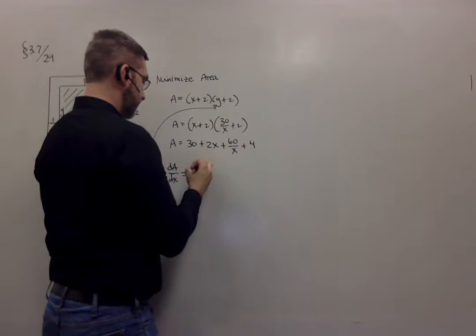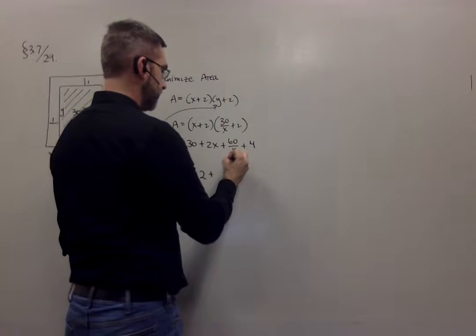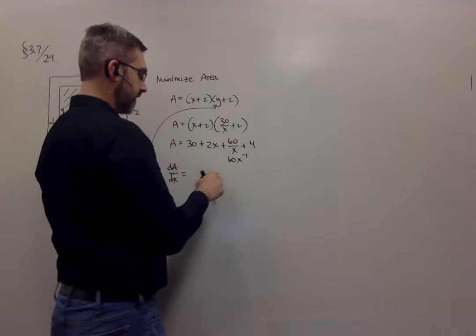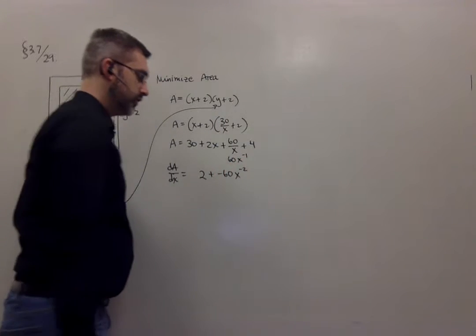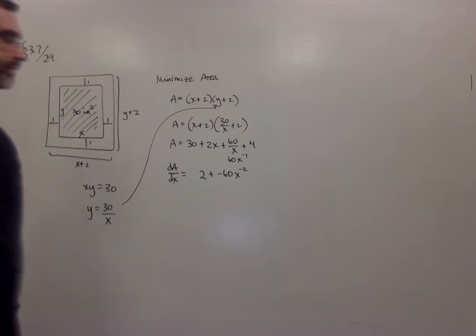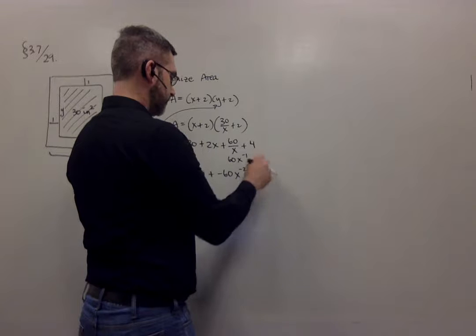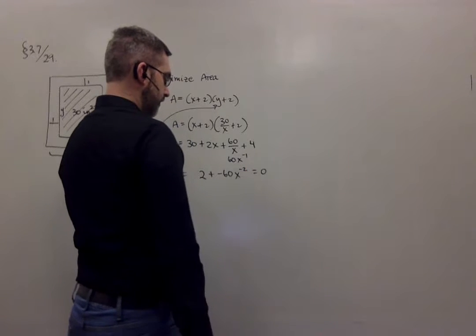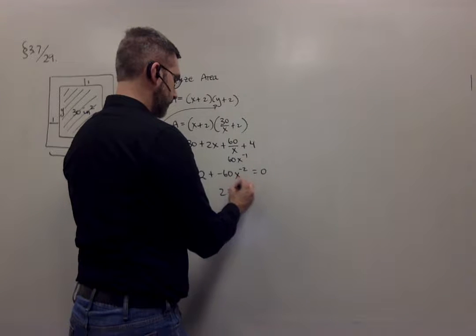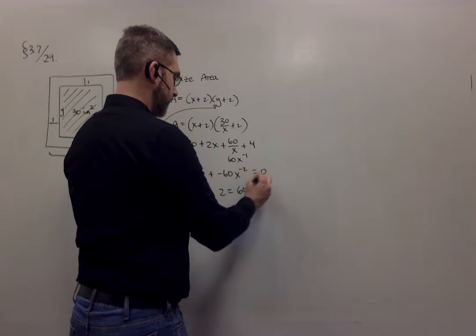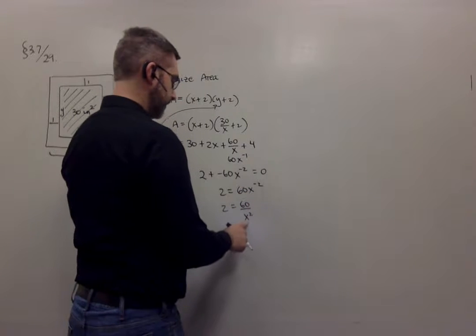Derivative of 30 is going to give me 0. That's nice. Derivative of 2X is 2. This is 60x to the minus 1, so that's going to give me a minus 60 x to the minus 2. And then plus 0. So if we set that equal to 0, let's move the negative term over. 60x to the minus 2, in other words, 60 over x squared.